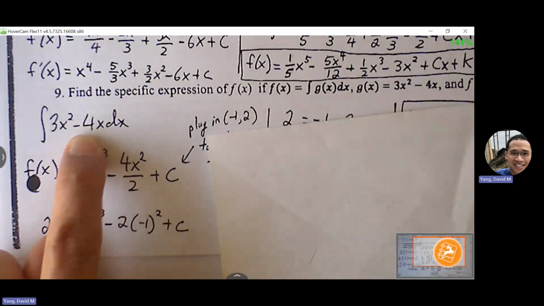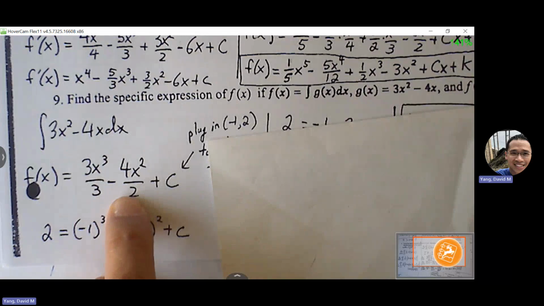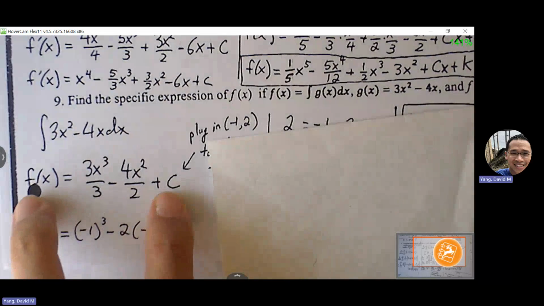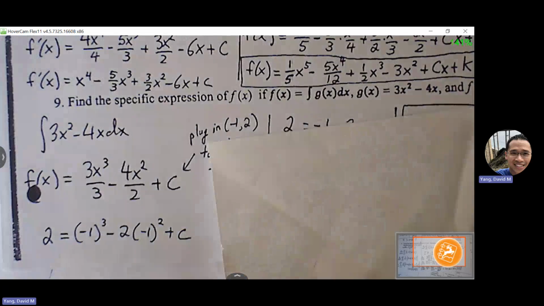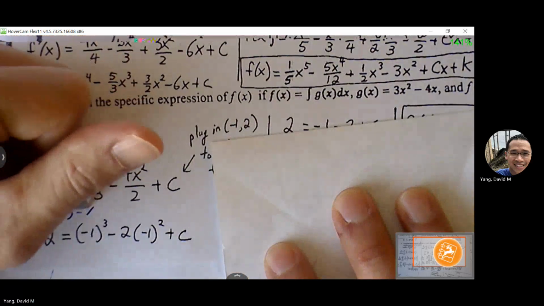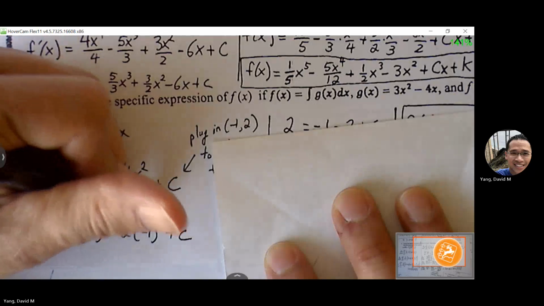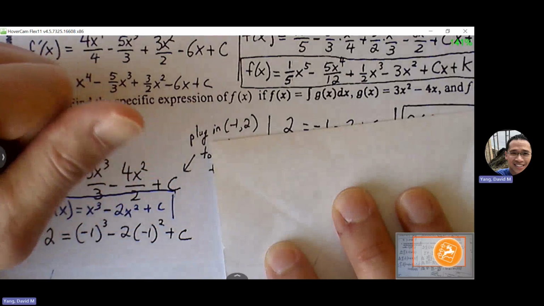3x squared minus 4x becomes 3x cubed over 3 minus 4x squared over 2 plus c. So this is my general equation. This is my cleaned up version here.